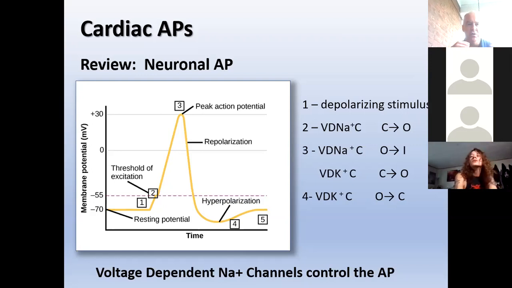You've got high sodium outside, high calcium outside, high potassium inside. And so if potassium is allowed to freely move through the membrane, the potential will come down to the Nernst potential of potassium, which is about -80.